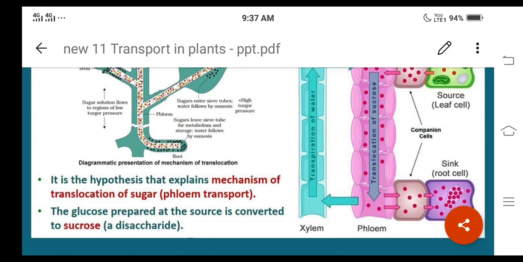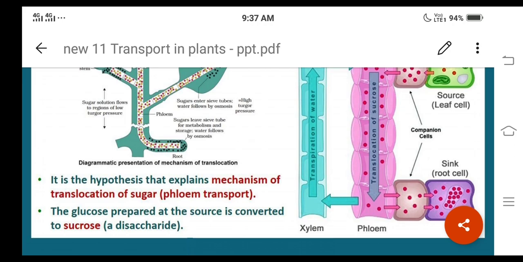The different components of the phloem are sieve tubes, companion cells, and phloem parenchyma. This we have already studied in the anatomy part. Sieve tubes are the main food conducting elements, and for that they have mentioned the translocation of sucrose.